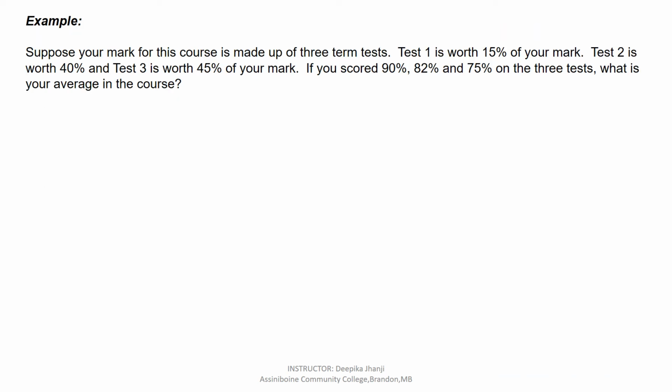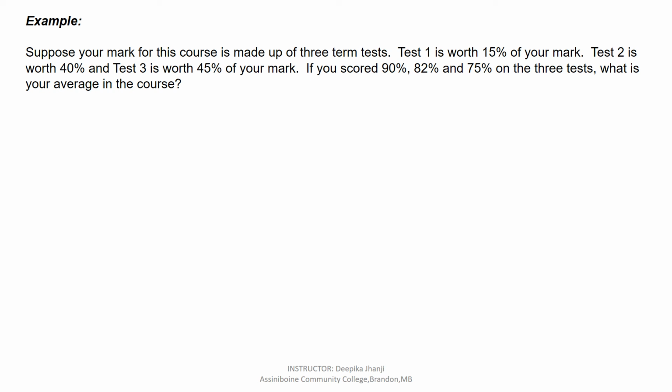My next example is: your mark for this course is made up of three term tests, and each test has different weightage: 15%, 40%, and 45%. If your scores are 90%, 82%, and 75% on these three tests, what is your average in the course?